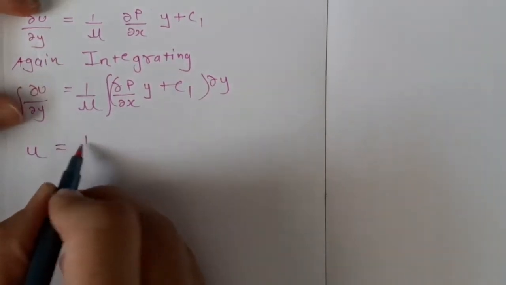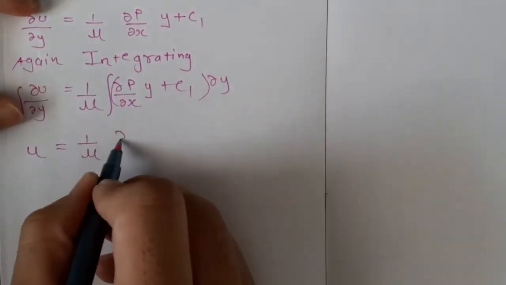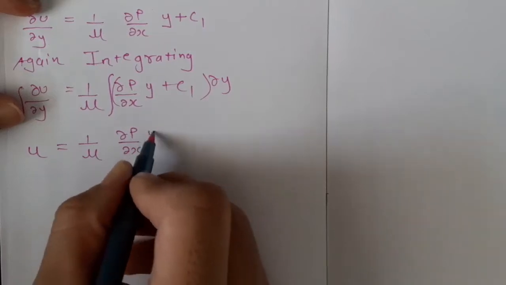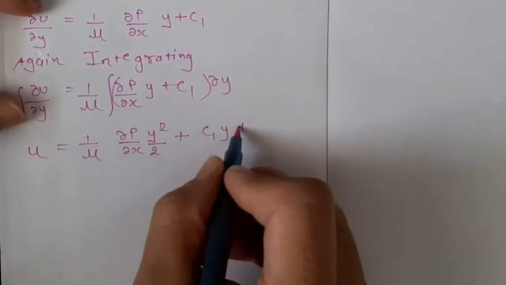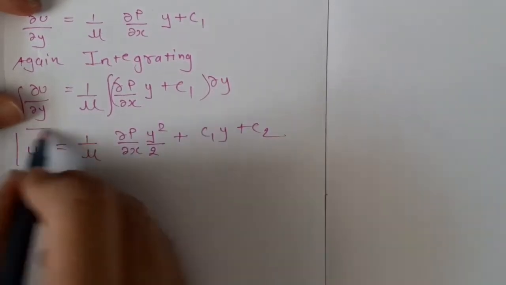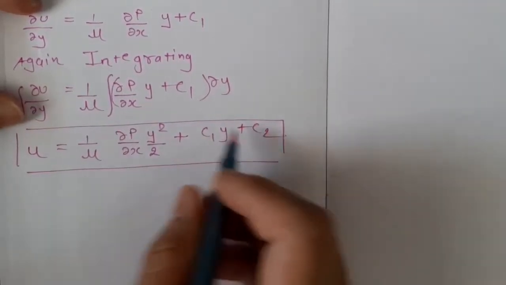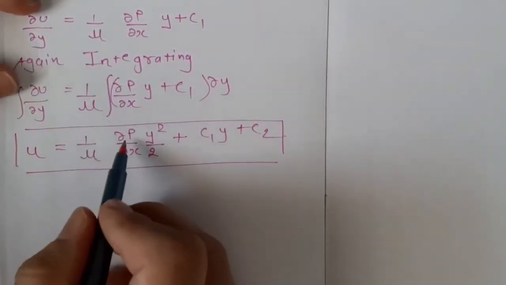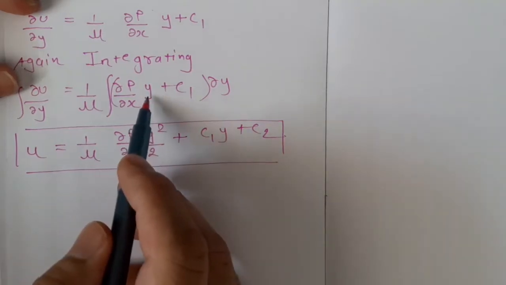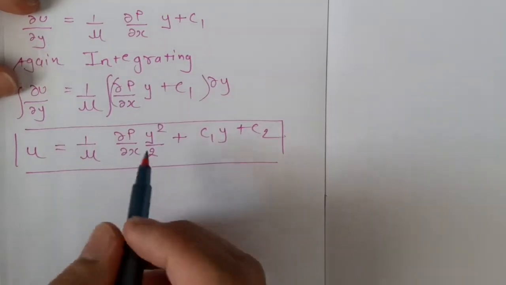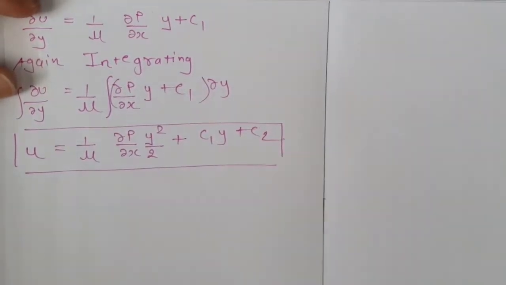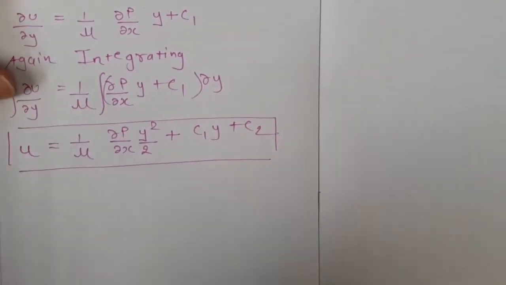So u equals 1/μ ∂P/∂x into y²/2 plus c1 y plus c2. This is the equation of u. Now c1 and c2 can be found by the boundary conditions.